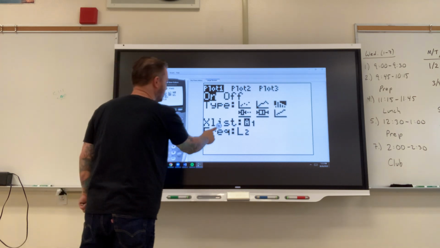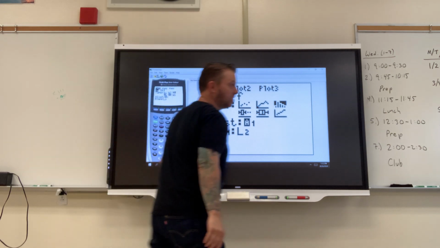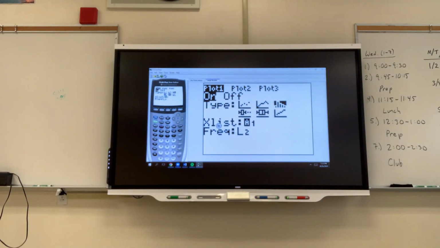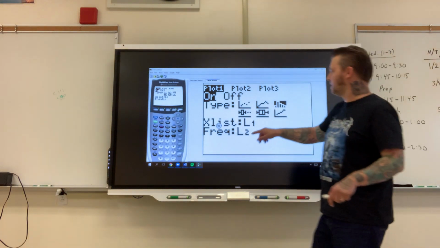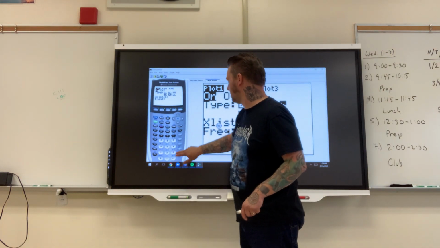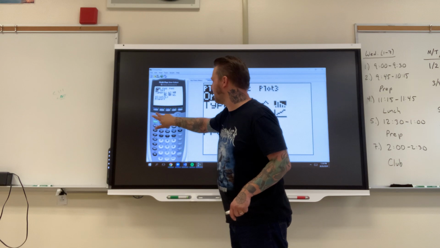For some reason this is stuck. Let's see, L2, and then I'm going to hit... oh, that's why it's giving me alpha. I don't want alpha.